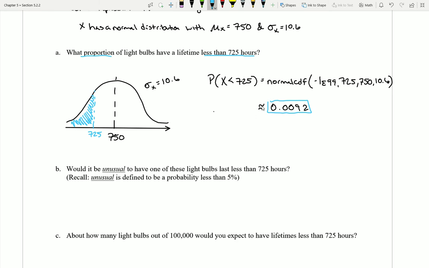Remember that earlier in this semester we defined an unusual event as an event that had a probability of occurring under 5%. So, are the chances of getting this type of light bulb under 5%? Absolutely. It's not even at 1% yet. So we can say absolutely yes, it would be unusual.